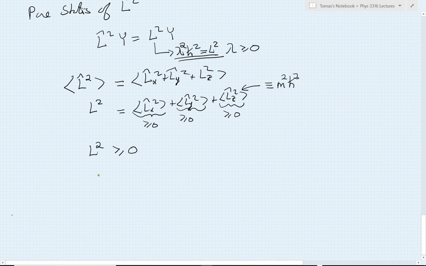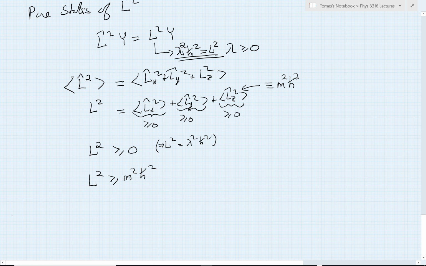So the second thing I conclude is not only that L squared is at least 0, which is what allowed me to write L squared as lambda squared h bar squared, but I can conclude that L squared is also at least as big as m squared h bar squared.